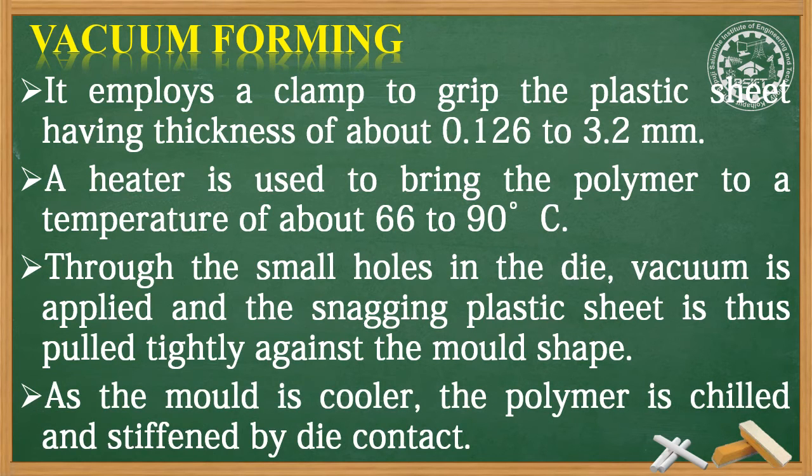As the mold is cooler, the polymer is chilled and stiffened by die contact. तो मोल्ड गार असतो आणि त्याच्यामुळं हे गरम झालेलं जे पॉलिमर जेव्हा त्याच्यावरती चिकटतं तेव्हा ते गार होतं आणि स्टिफ होऊन जातं.